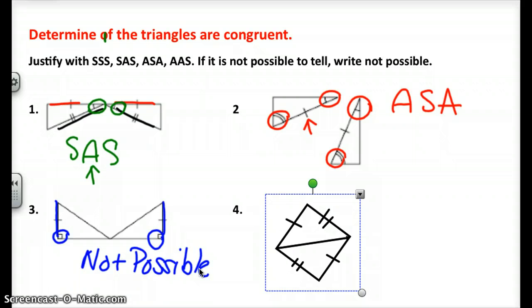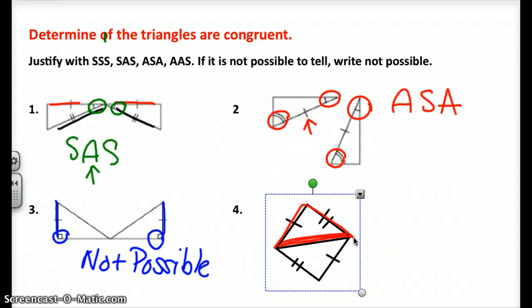Let's take a look at number 4. In this example, I have a side and a side marked. I only have 2 things marked congruent. I need to be thinking about, is there an additional part? I don't have vertical angles in this top triangle.